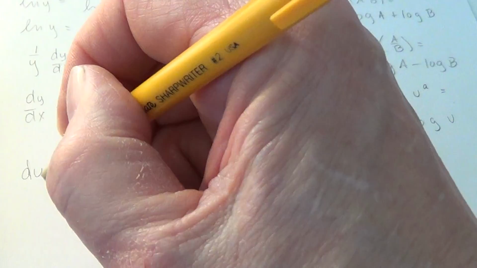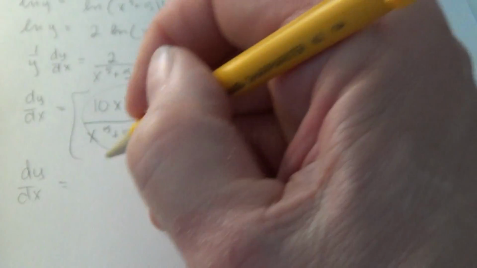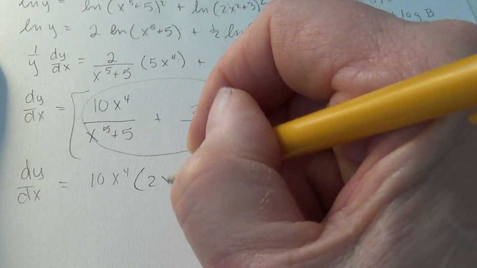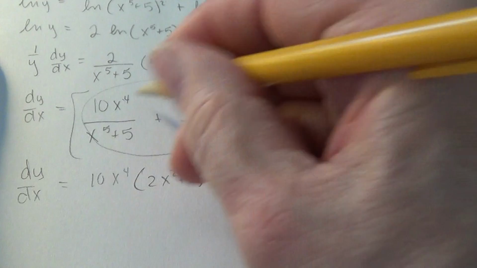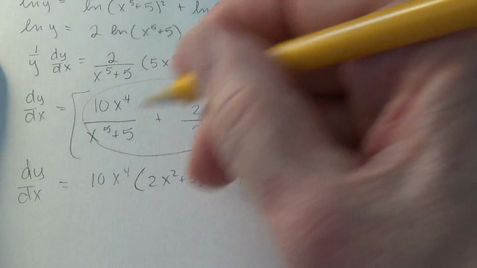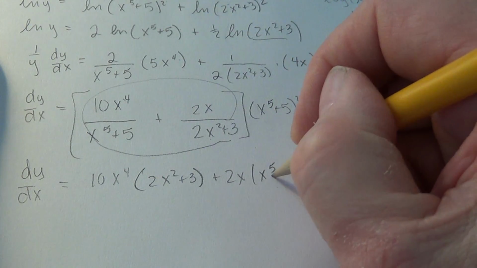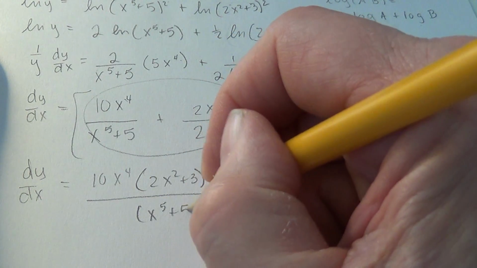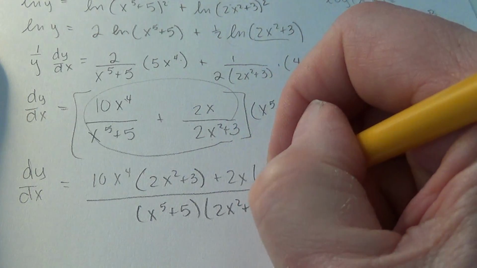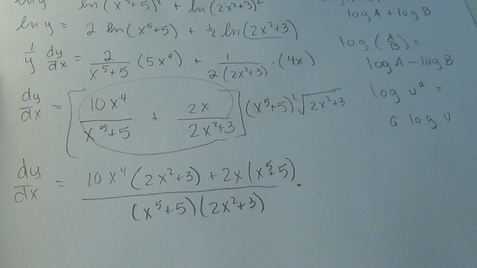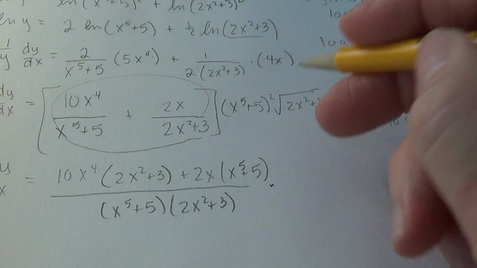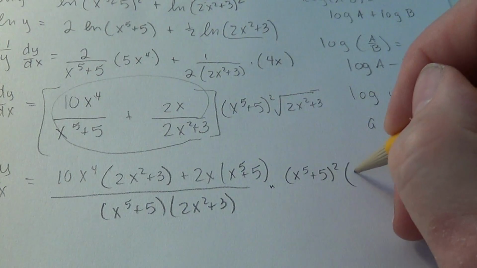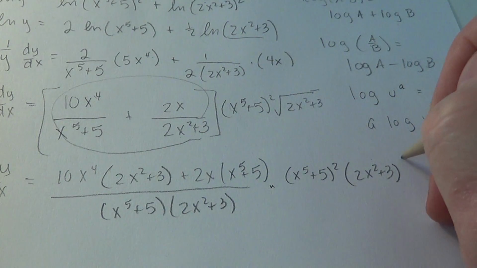That requires me to multiply this term by that and this term by that, all over the common denominator, times, and I'll write this to the 1/2 again.